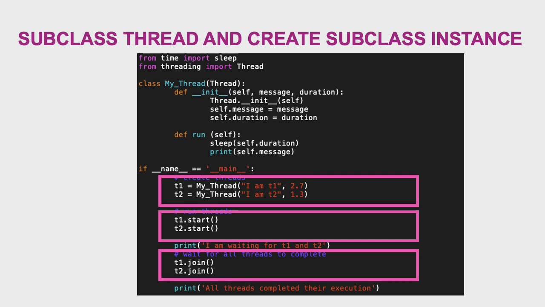Finally, we have to wait for the threads to terminate their execution. How can we do so? As usual, with join. Join is a blocking method. The thread that calls join waits until the thread it is waiting for terminates its execution.